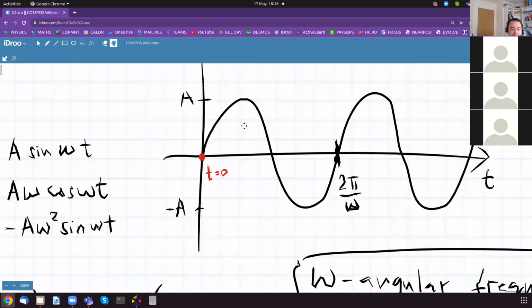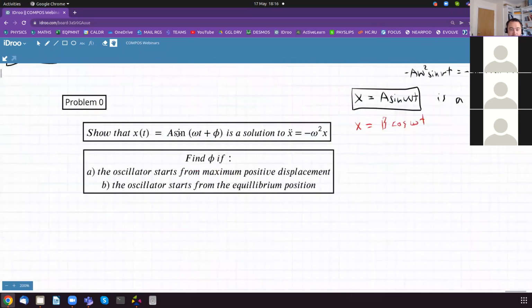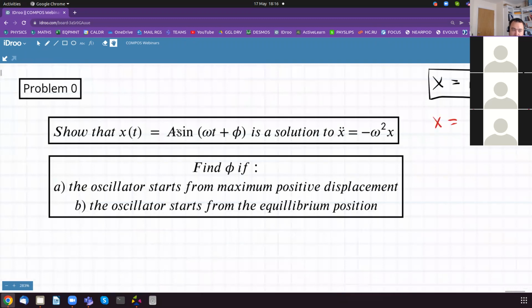And to account for that, we have another equation, which is called the general solution. And this is one way to write the general solution. The first task is to establish that this is in fact a solution to that. So how do you prove that this is a solution to this equation?